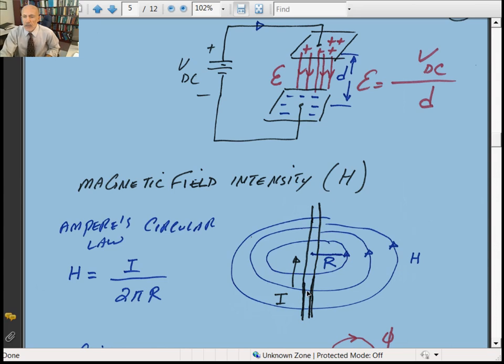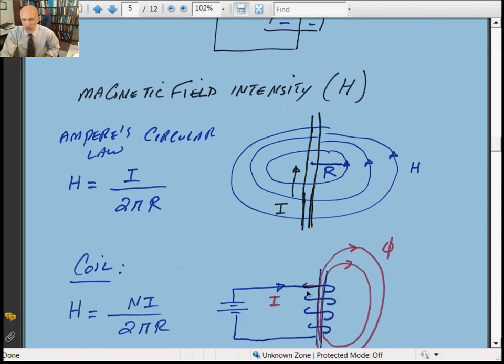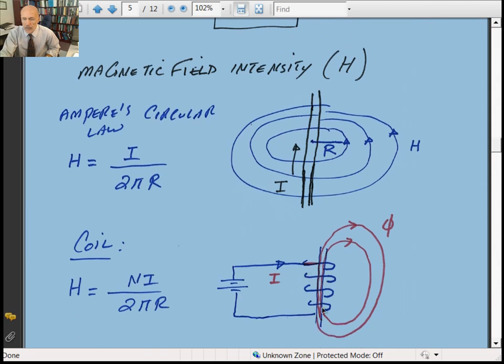Now that's for a single conductor, but in most applications, all the transformers, rotating machines, generators, and motors, you have a number of turns, which is called a coil. With a current I flowing through the coil, you generate a magnetic field. In this case you still use the right-hand rule, but here you wrap your fingers in the direction of the current flow.